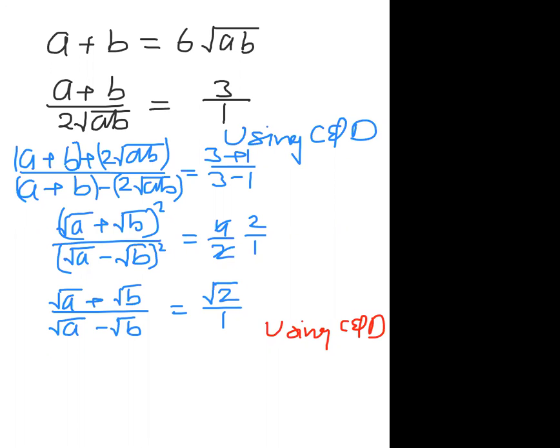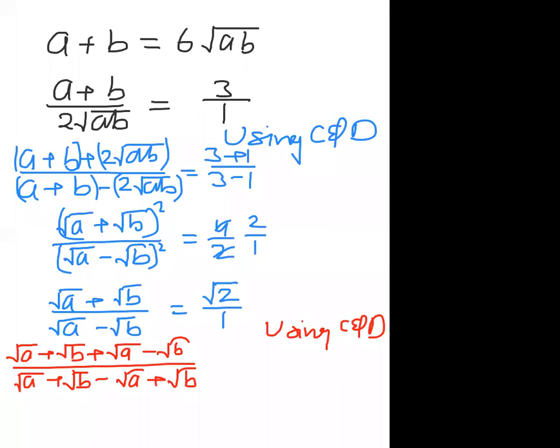Now numerator, that is under root A plus under root B, plus denominator, under root A minus under root B, upon numerator, that is square root of A plus square root of B, minus denominator, under root A, and minus will become plus under root B, equals root 2 plus 1 upon root 2 minus 1.